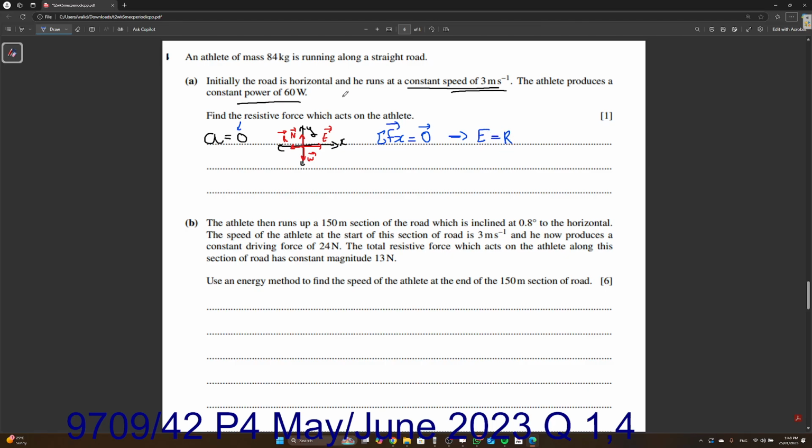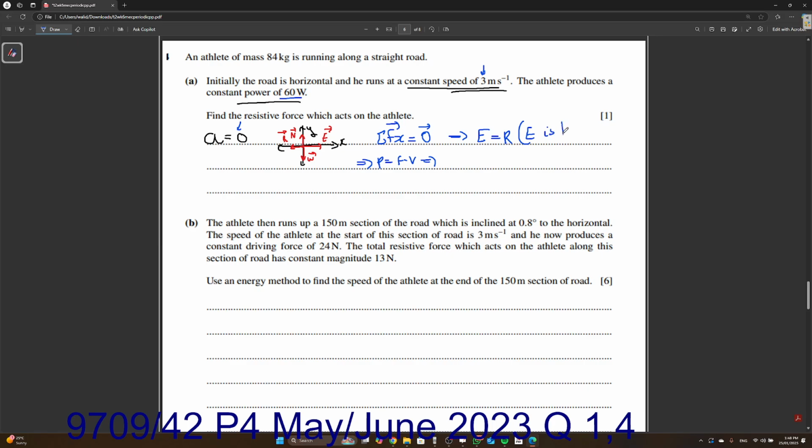How do you find E? They gave us the power. They gave us the velocity. Simple as P is equal to FV. I'm going to continue down here because I need some space. I always say when you use E as a force for power, you have to mention E is the force.